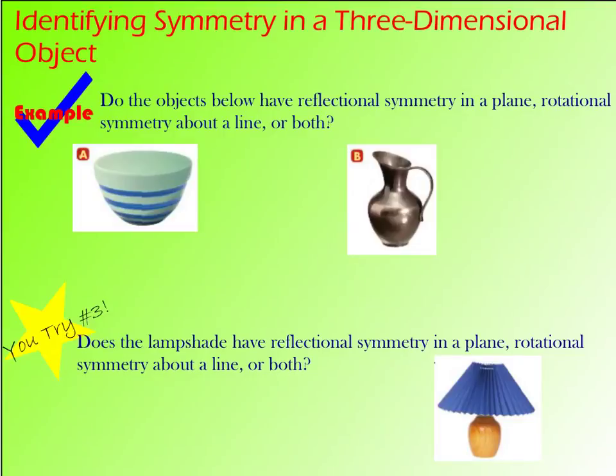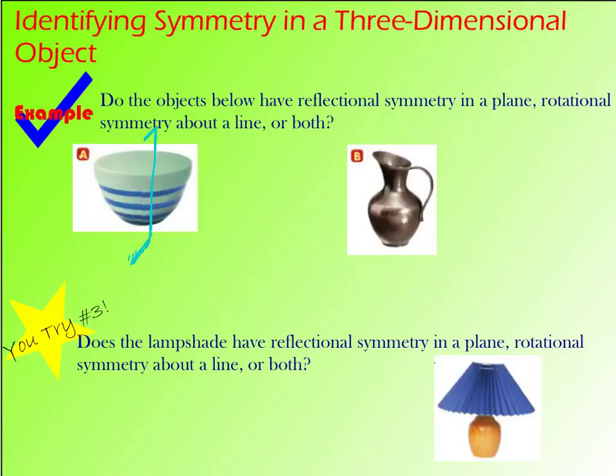It's really hard to show it on here. We're going to look at this more in class so we can see. But I could take this and I could slice this bowl through the middle with this plane. If I slice it like that, I would have two congruent halves. Right? Like I take this bowl and I just split it in half. So I have one half on each of my sides. So that would be reflectional symmetry.